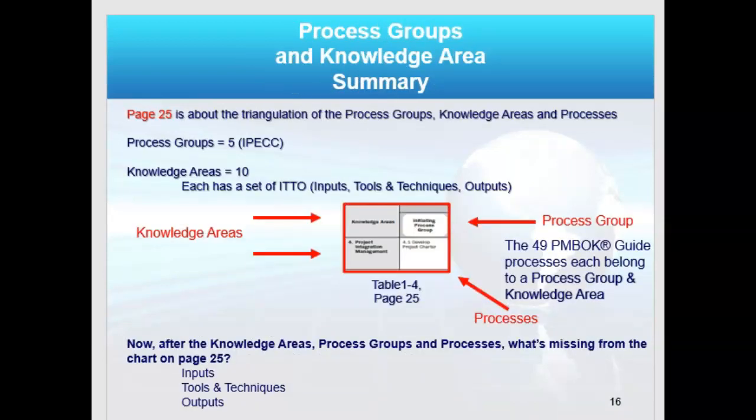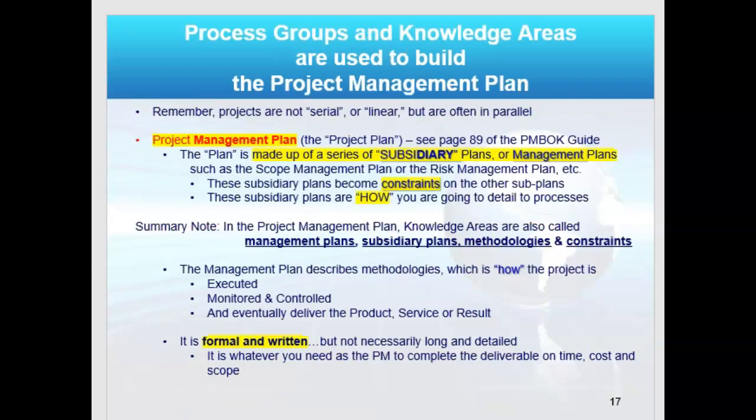Okay, and so here's what page 25 of the PMBOK guide looks like, for example. Notice it has knowledge areas down the left, process groups along the top, and then the individual process names listed and numbered in each, is what I was trying to get at there. Now, the process groups and knowledge areas are used to build a project management plan. The project management plan goes by other terms. It's a subsidiary plan, it's a management plan, they create constraints on each other, and a management plan tells you how you're going to do something.